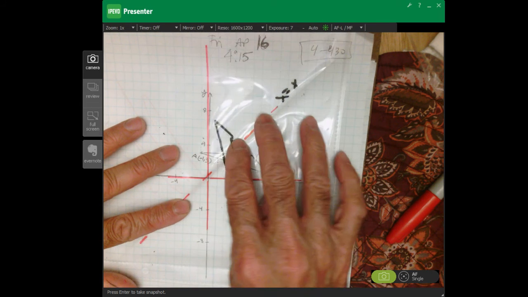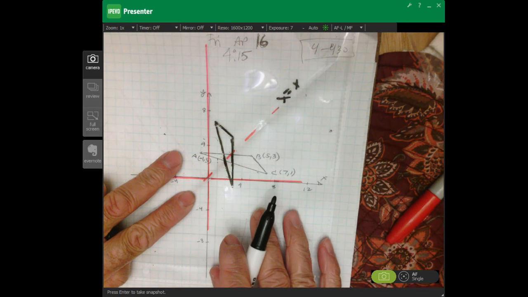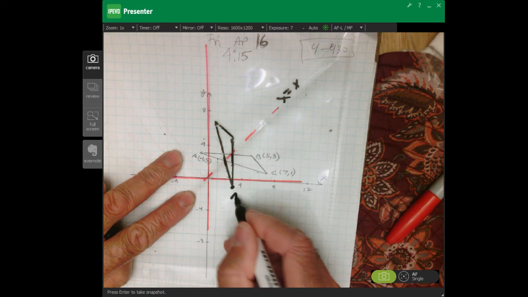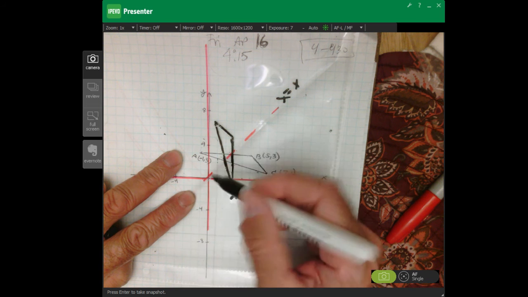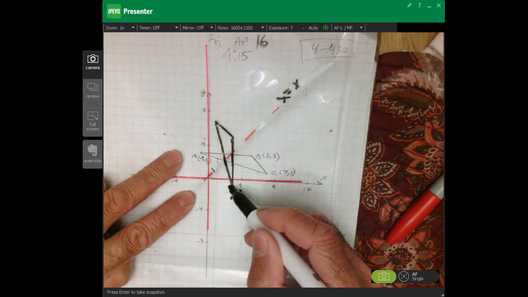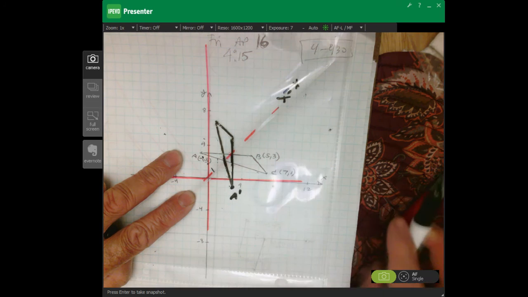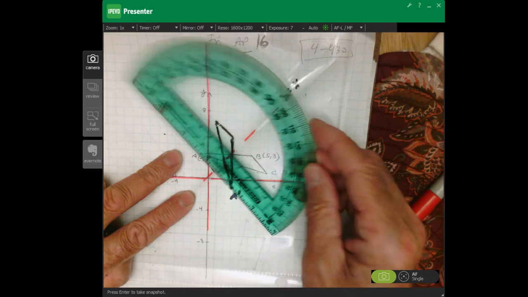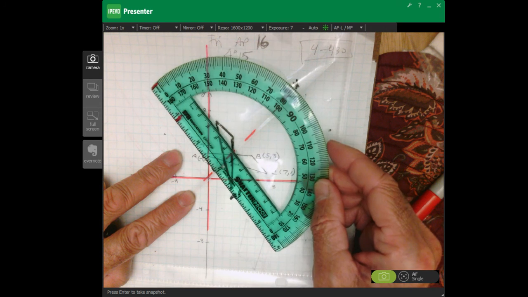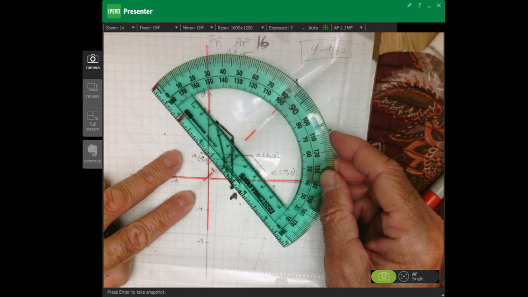Now, if you take a look at the corresponding points, this is A prime, and that's A. So this distance from here to here should be the same distance as this distance. And if you look at the straight line that goes directly across, it forms a 90-degree angle.